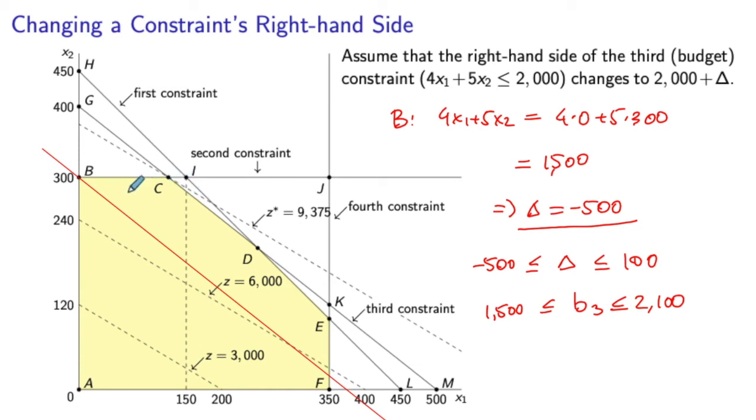In order to obtain the new optimal solution, all we need to do is plug the new coordinates of the point C into the objective, and this will give us the new optimal objective value.